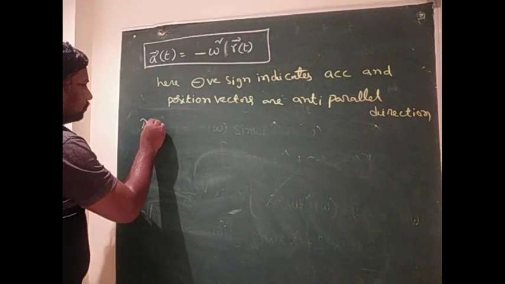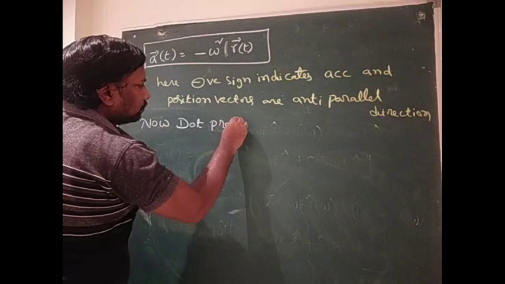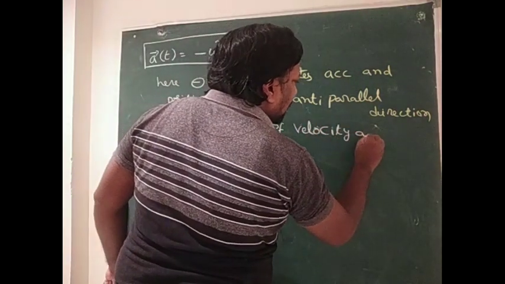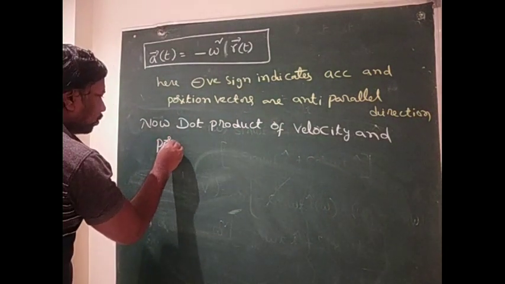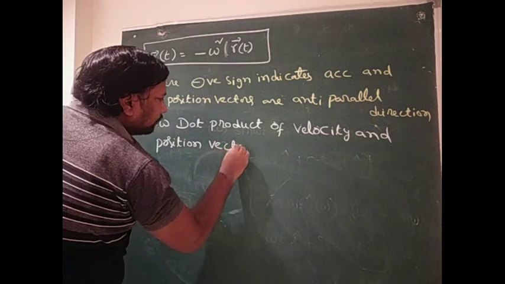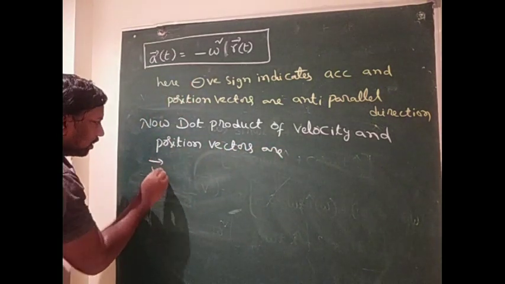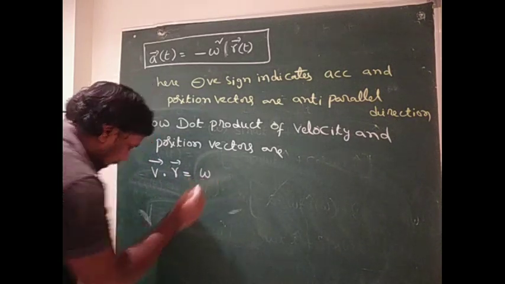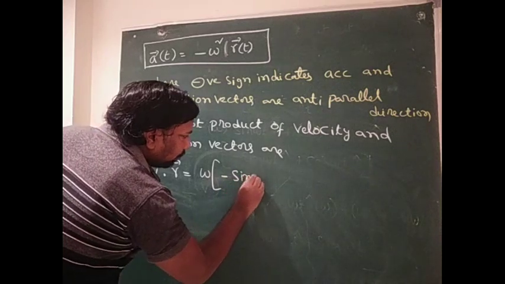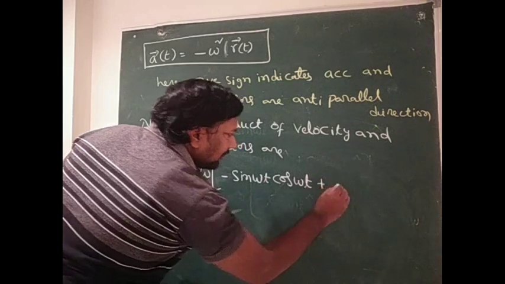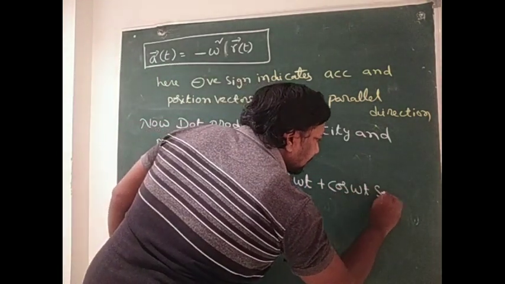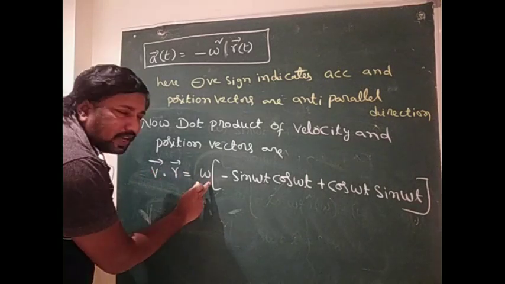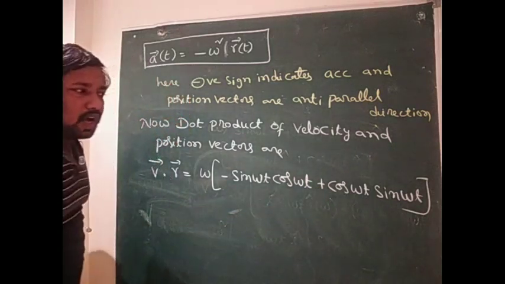So here v bar dot r bar is equal to omega into minus sin omega t cos omega t plus cos omega t sin omega t.